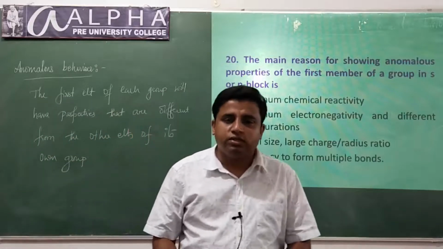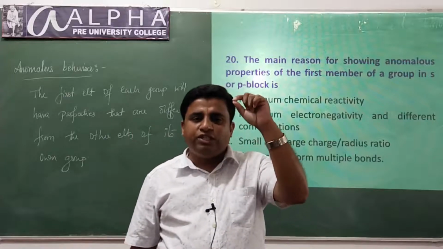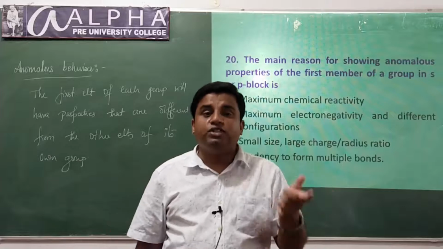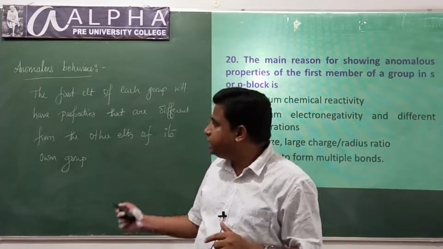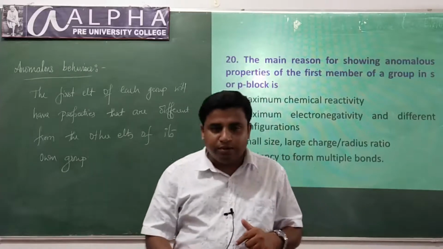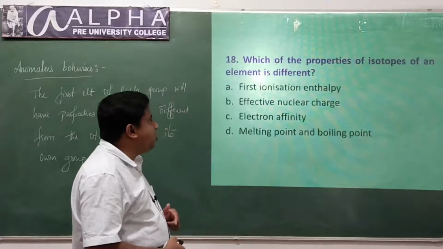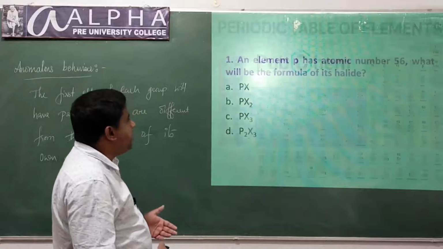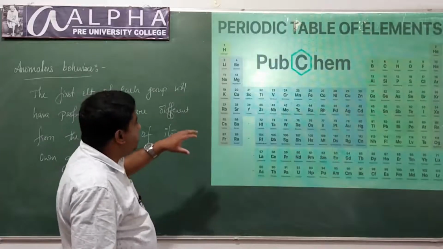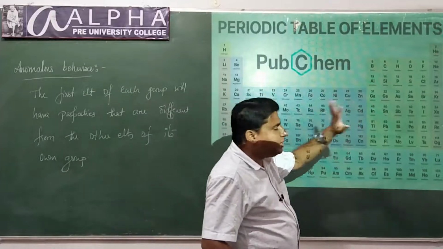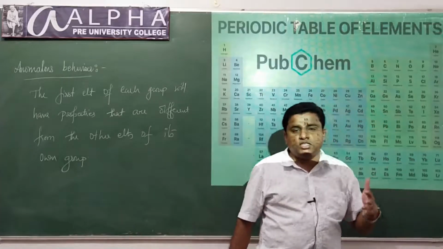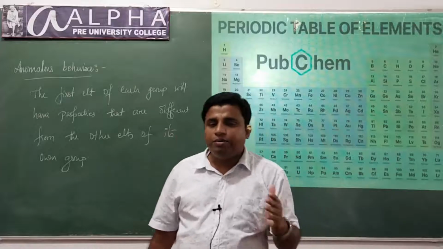See, understand, students, the first element of each group will have properties that are different from the other elements of its own group. This is called anomalous behavior. For example, if I go back to the periodic table, let us concentrate only on S block and P block, because the question is basically on S block and P block.